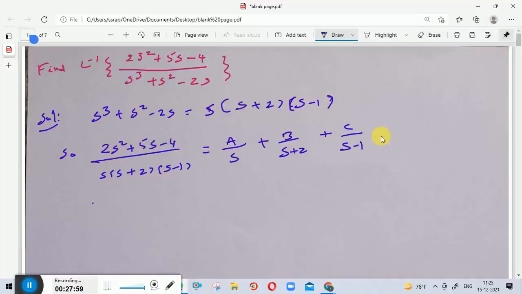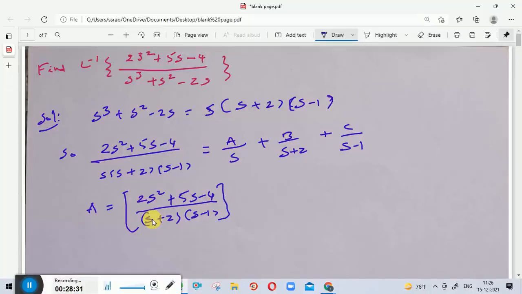Okay, value of a: 2s square plus 5s minus 4 divided by the remaining factors without s, that is s plus 2 into s minus 1, at s is equal to 0. So -4 by 2 into -1, that is 2.